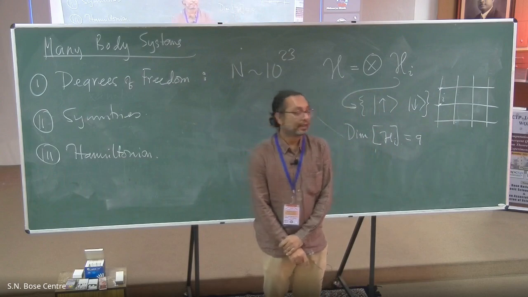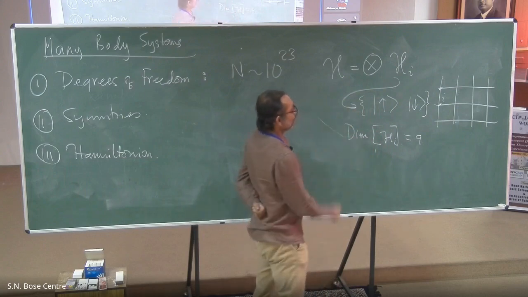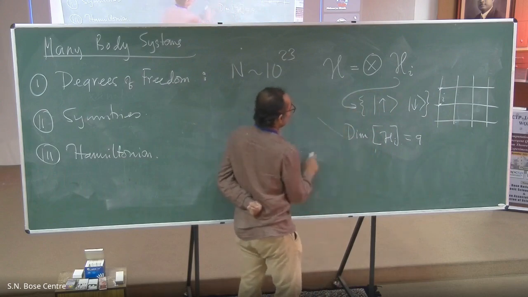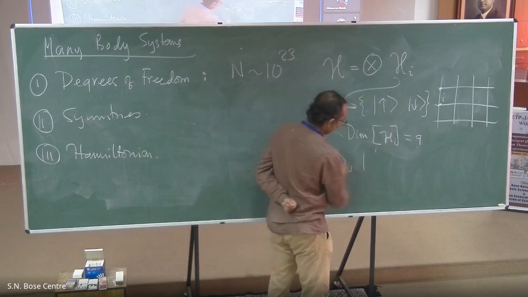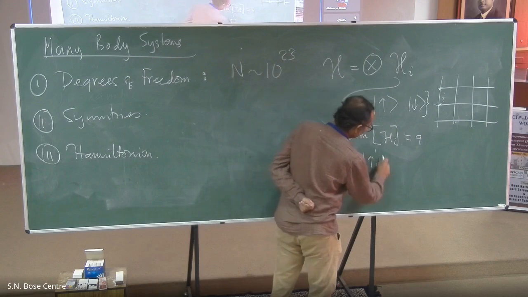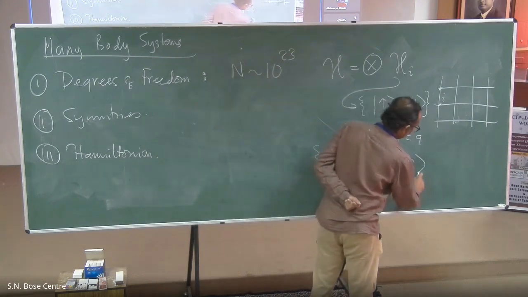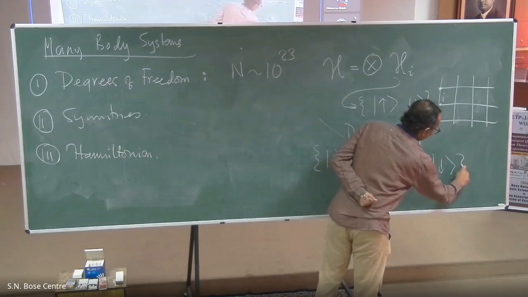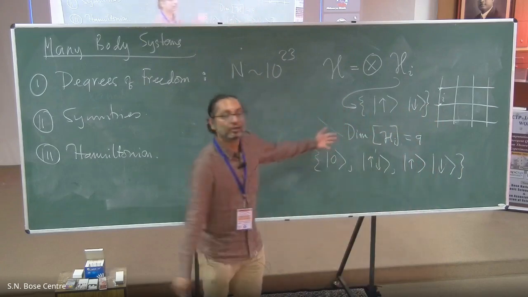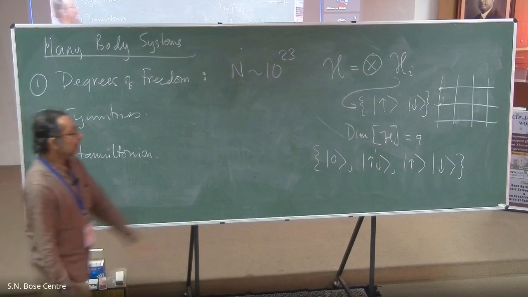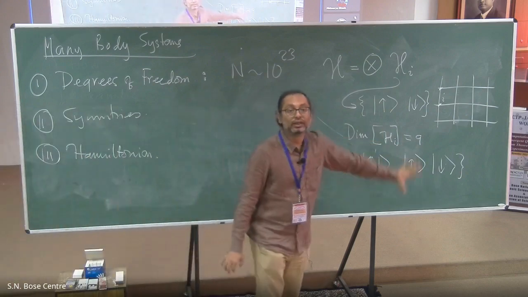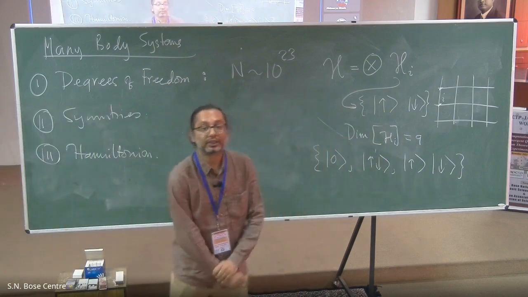If I have an electron, then the Hilbert space has 4 states: no electron, 2 electrons, or 1 electron either in up or down. So that corresponds to q equal to 4. So this is one feature of the problem which is very important.